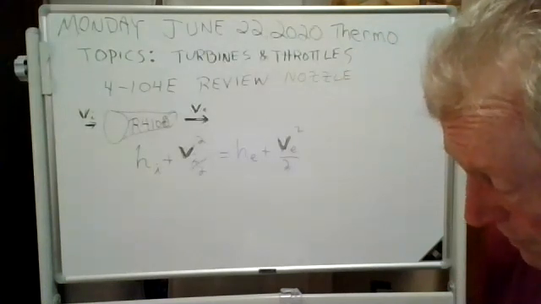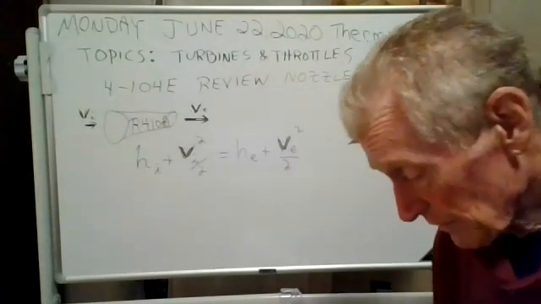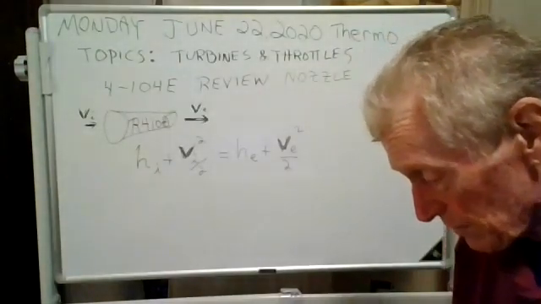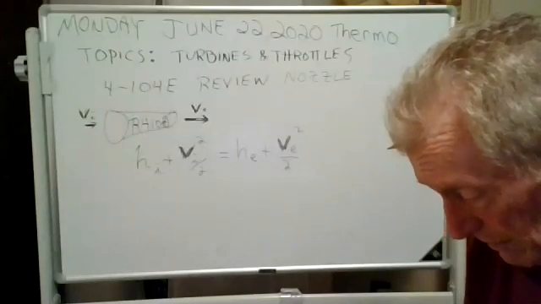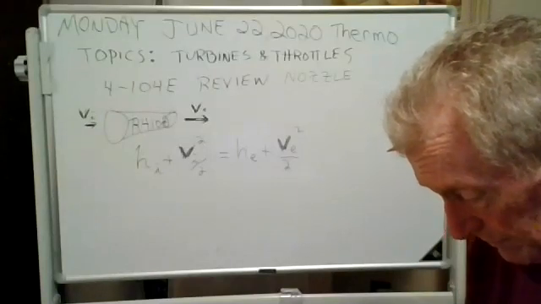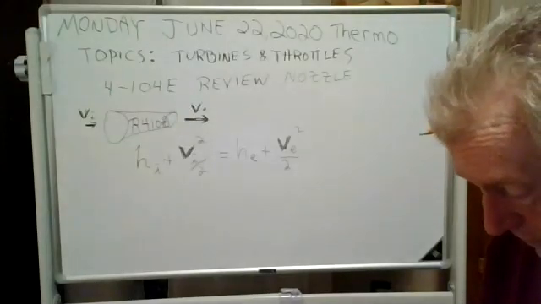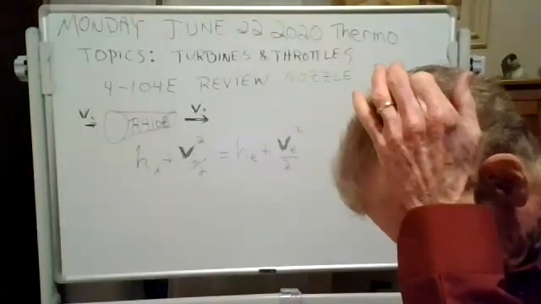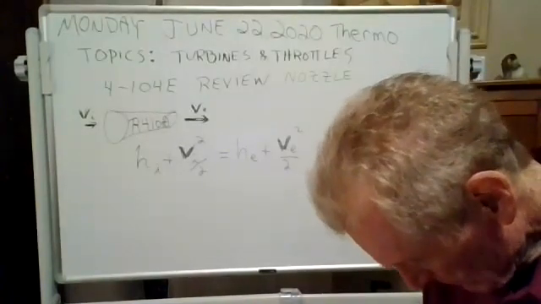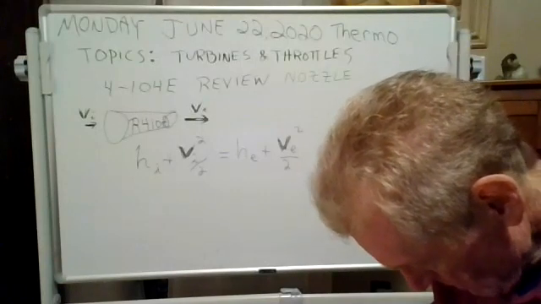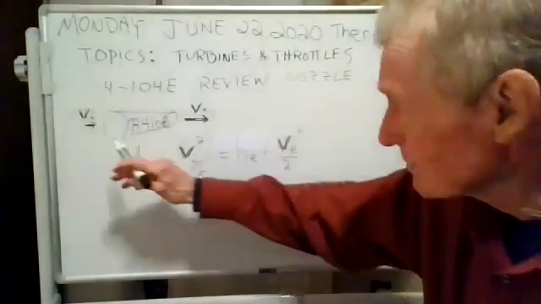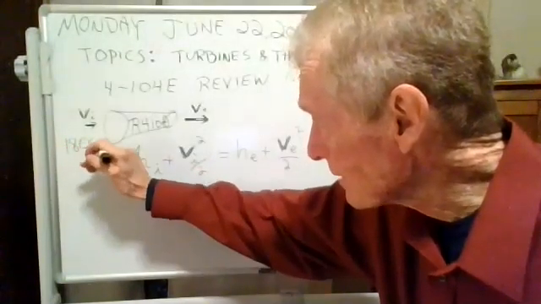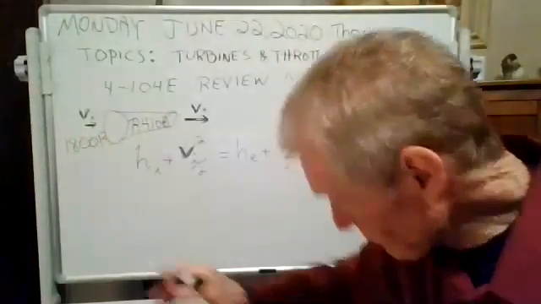But now here's my problem. How do I look up this specific enthalpy? I need to know some more information. Let me see if I can find it here. 4104E, okay. It says here we have 1800 Rankine coming in, and 30 PSI.